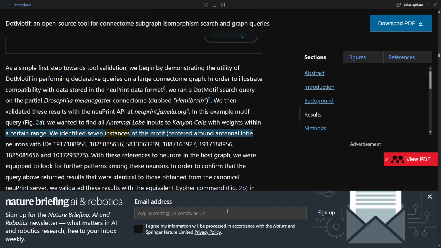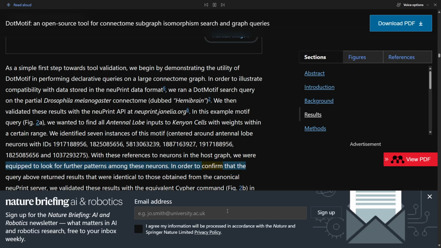We identified 7 instances of this motif, centered around antennal lobe neurons with IDs 191, 718, 8956, 182, 508, 5656, 581, 306, 3239, 188, 716, 3927, 191, 718, 8956, 182, 508, 5656, and 103, 729, 3275. With these references to neurons in the host graph, we were equipped to look for further patterns among these neurons.